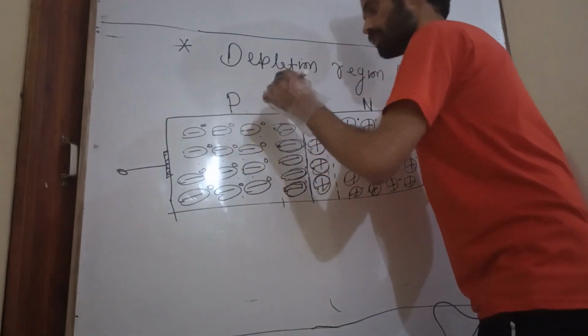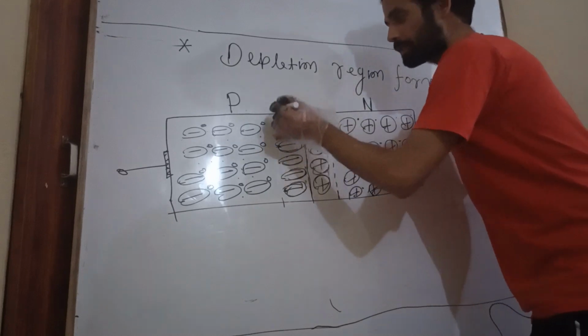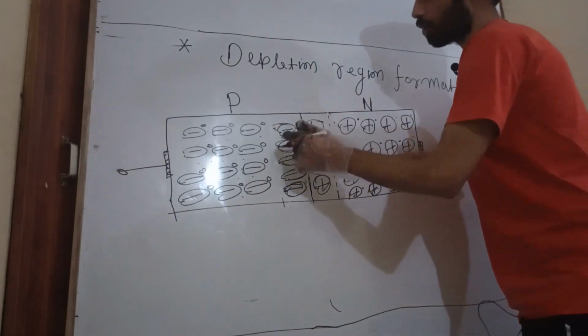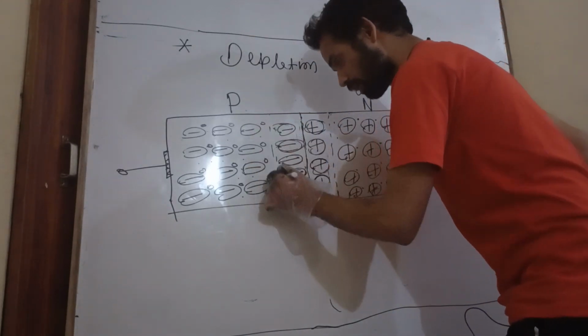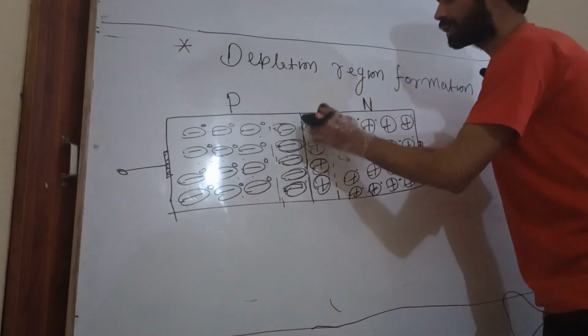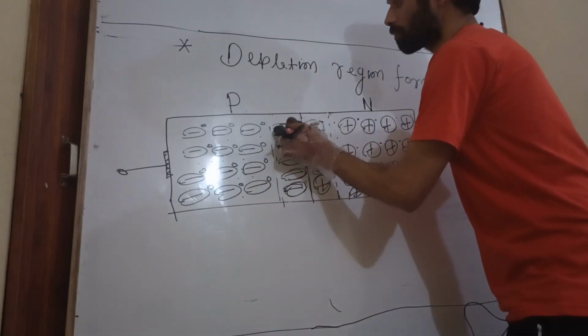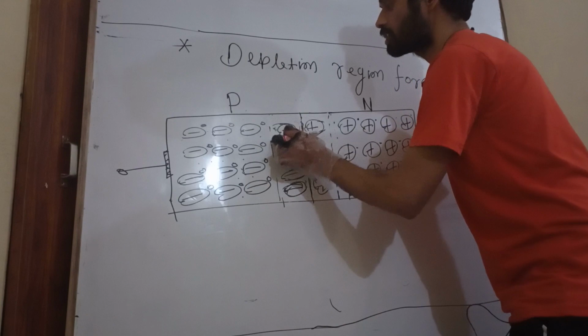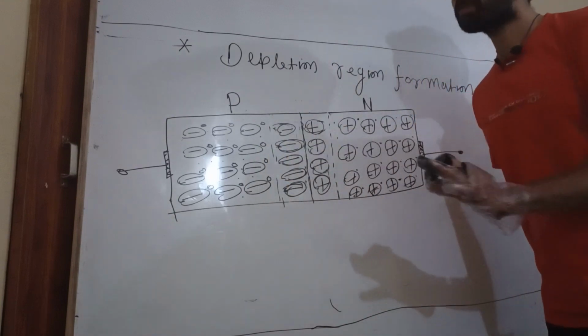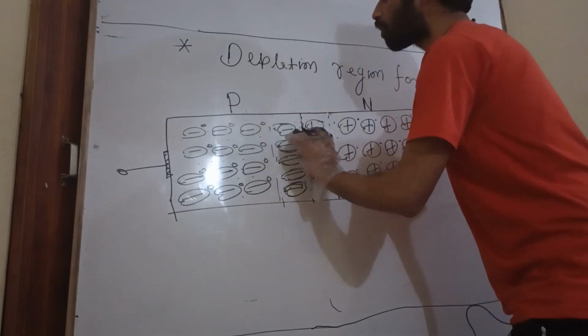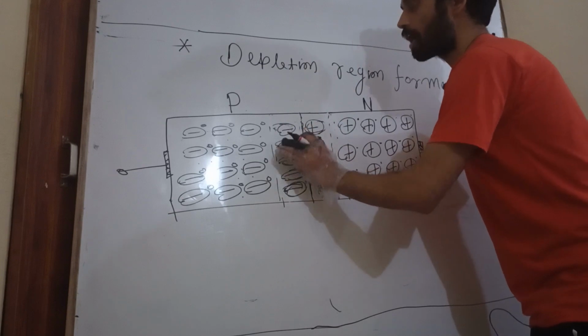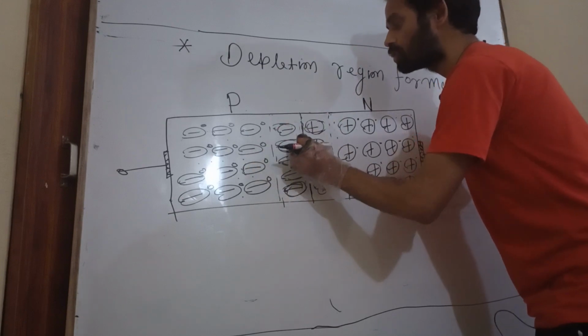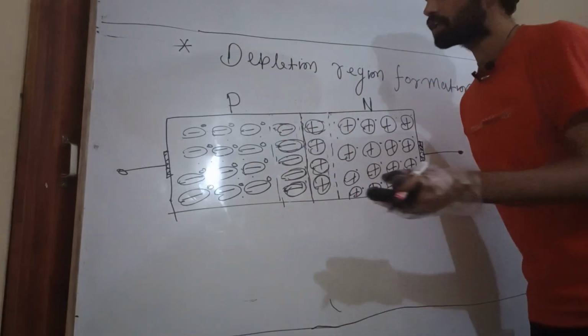negative charge on the p region is depleted of holes. Some of the negative charge on the p side doesn't have any more holes with which it can neutralize.